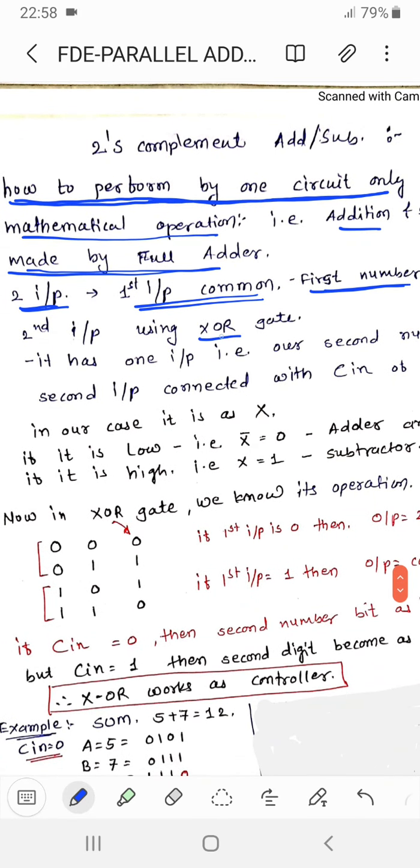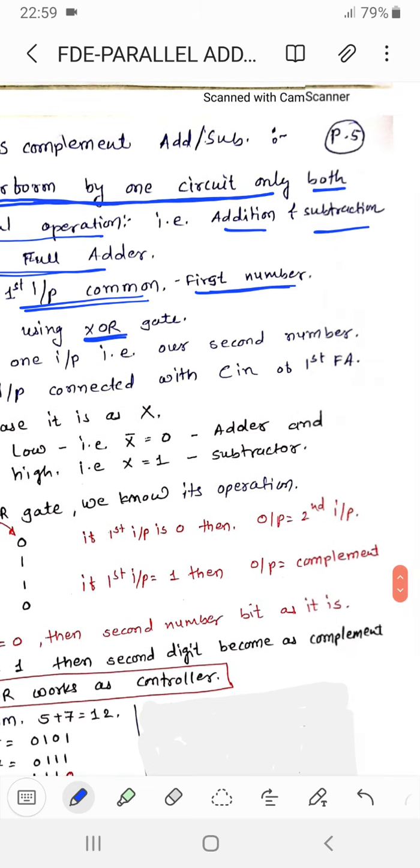Now for the second input we are using the XOR gate. This XOR gate has one input, that is our second number.